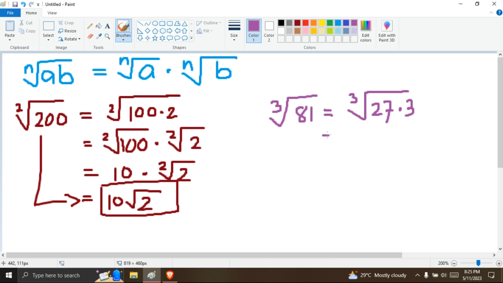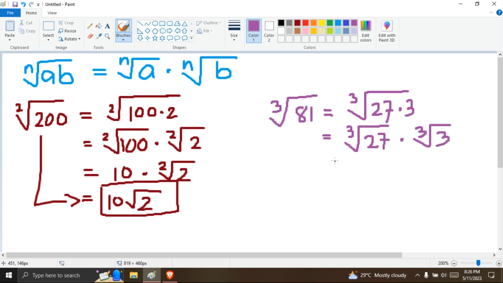Okay, so the cube root of 27, that is 3, right? But instead of shortcutting it so that you understand better, let's form it into the nth root of A times the nth root of B. So it becomes the cube root of 27 times the cube root of 3.